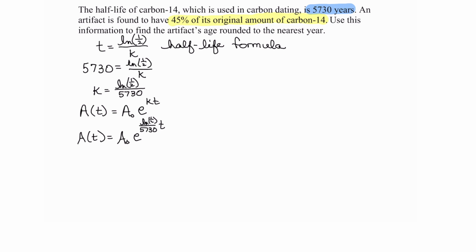Now what we want to find is the time required for 45% of the original amount of carbon-14 to be present. Here it's important that you make sure you realize this is showing up each time you go through these. So what you're saying is the amount present right now, at the time that it was found, is 45%. Changing that to decimal is 0.45 of the original amount, and the original amount is that notation of A sub 0.